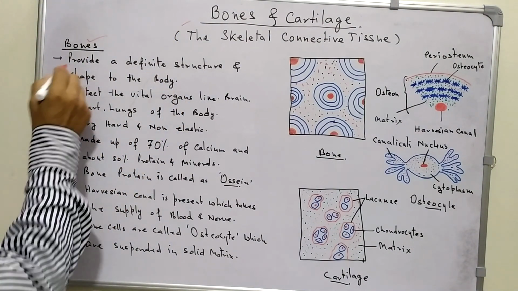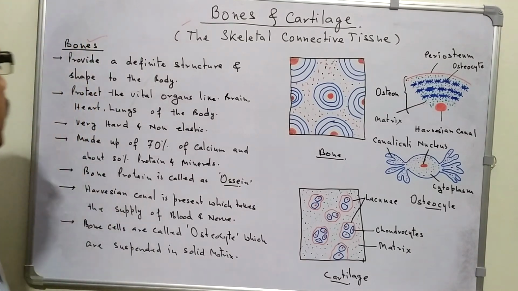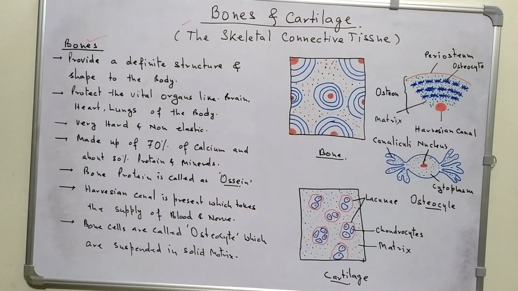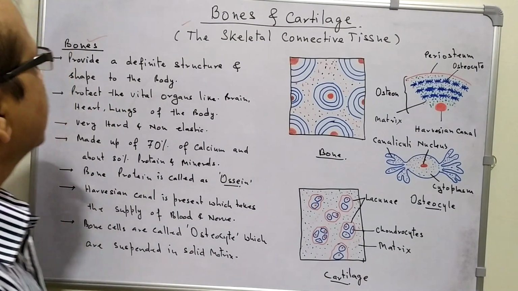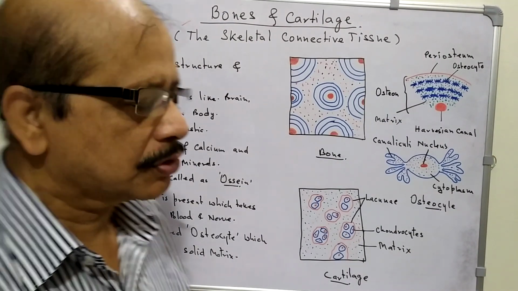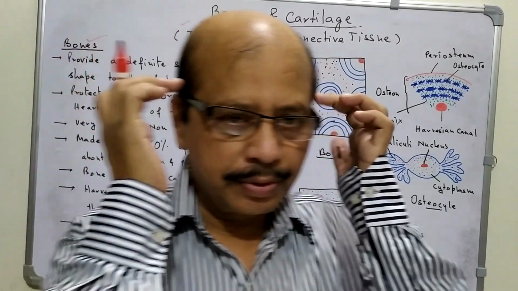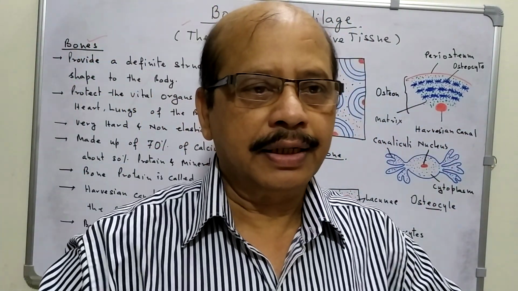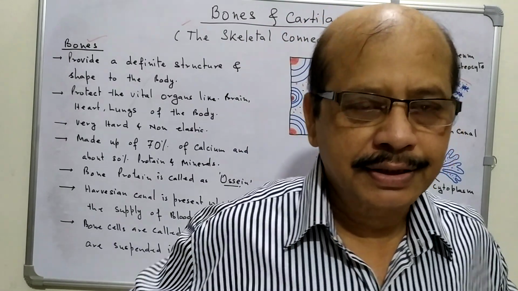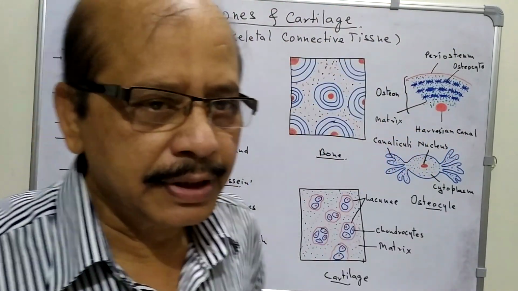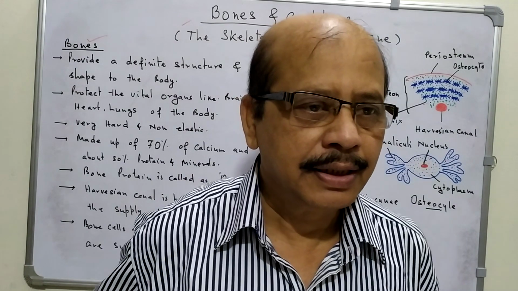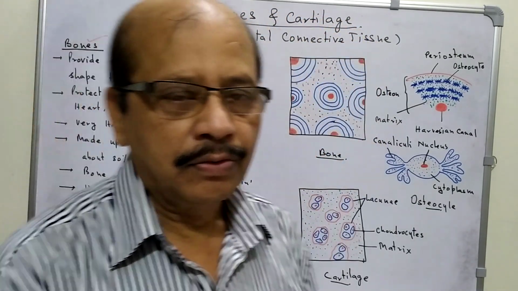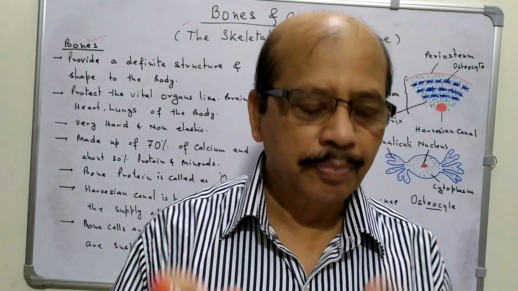First, they provide a definite structure and shape to the body. Second, they protect vital organs like the brain, heart and lungs. The brain is protected by the skull bone. The heart and lungs are protected by the rib cage. Likewise, for movement of the body, our hands and legs have long bones.